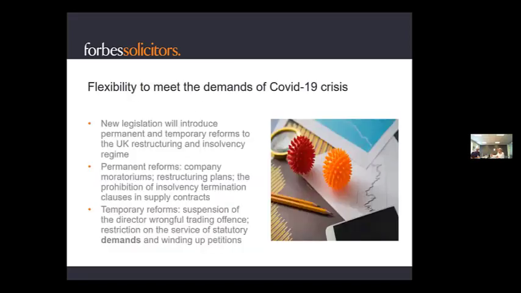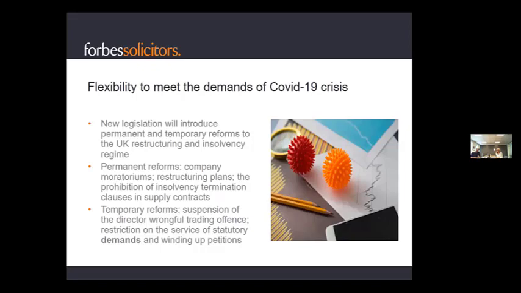So just to recap then on the purpose of the bill and now the Act being brought into force, it really is to give some flexibility to meet the various demands that businesses are facing at the moment in the COVID-19 crisis. We touched upon the legislation introducing both permanent and temporary reforms.